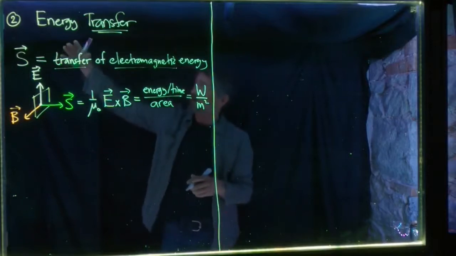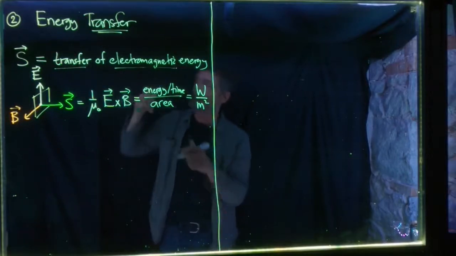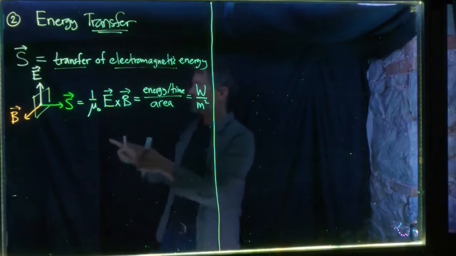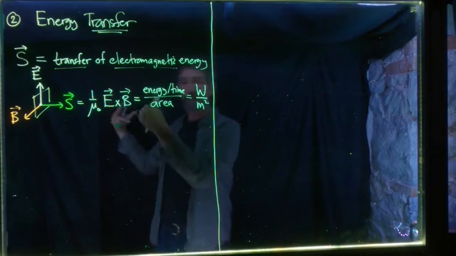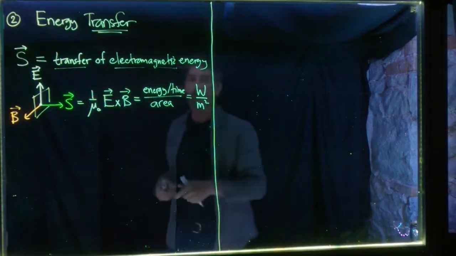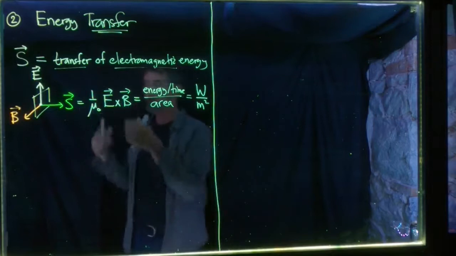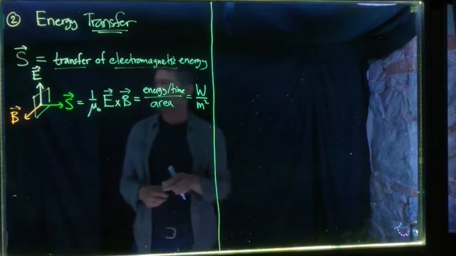So sunlight coming down at the surface of the Earth is about 1,000 watts per square meter, which means that if I take a square meter solar panel, then in 1 second that solar panel will see about 1,000 joules of energy, if it absorbs all of it. That's the idea, watts per square meter.